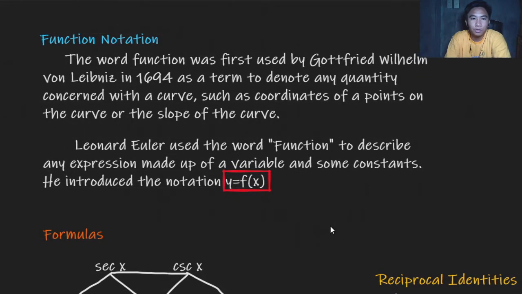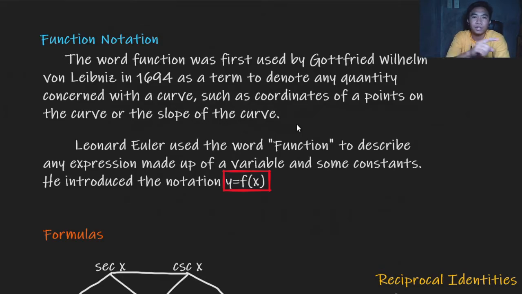Function notation naman tayo. Define muna natin. The word function was first used by Gottfried Wilhelm von Leibniz in 1694 as a term to denote any quantity concerned with a curve, such as coordinates of a point on the curve or the slope of the curve. Napag-aralan na natin yan.